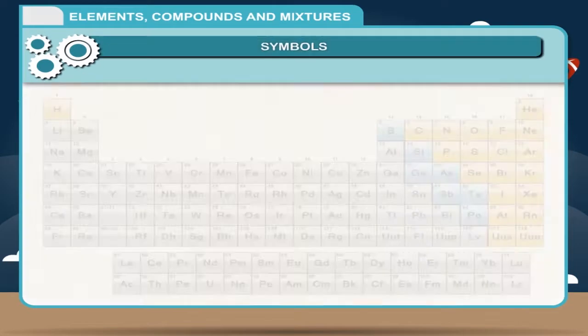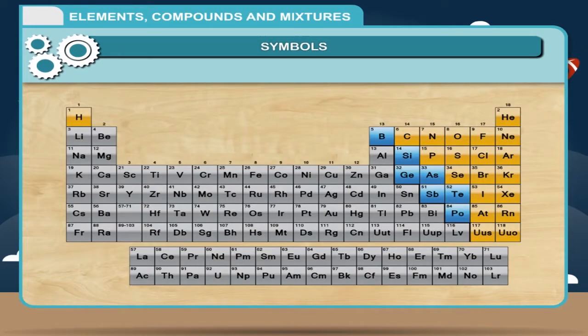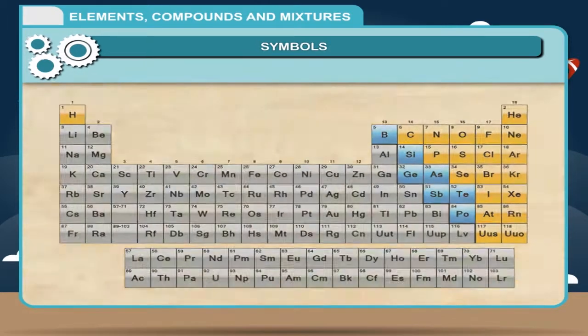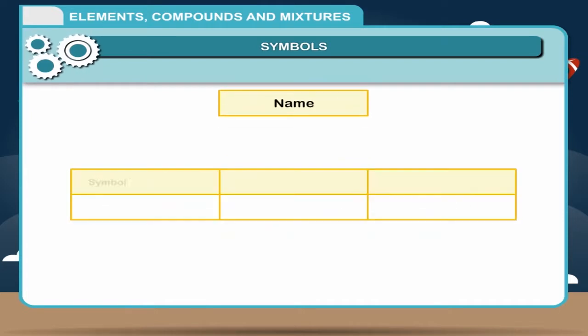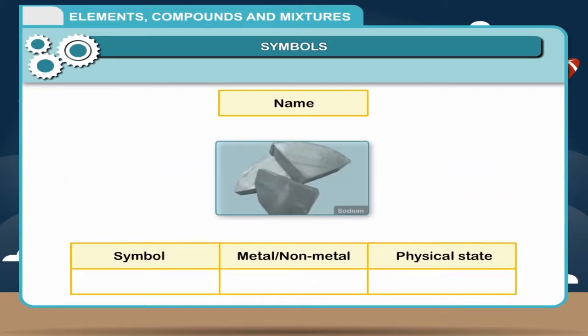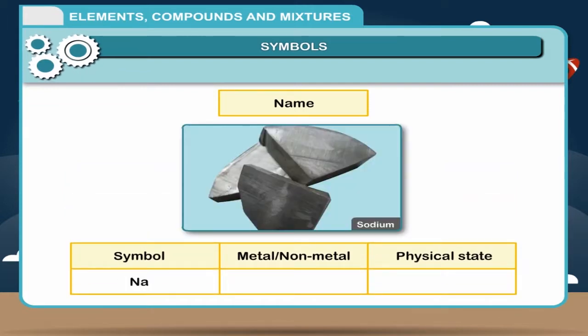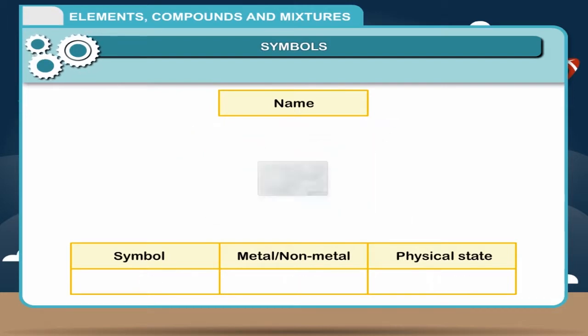Symbols. Language of chemistry is based on symbols. A symbol represents an element and also an atom of an element. Symbols of some elements and their physical states are given below. Name, symbol, metal or non-metal, physical state: sodium, Na, metal, solid.